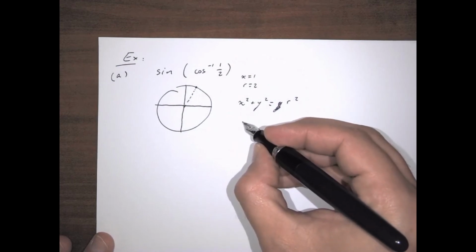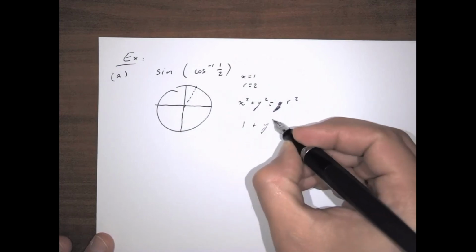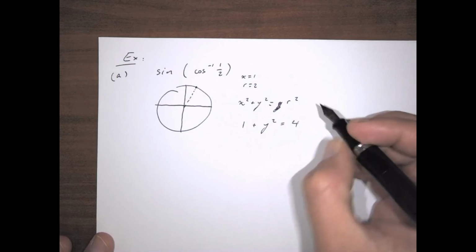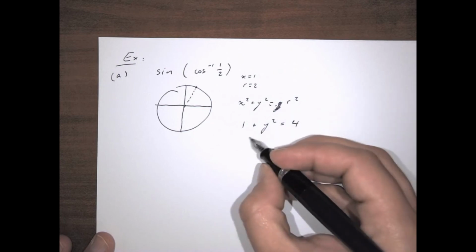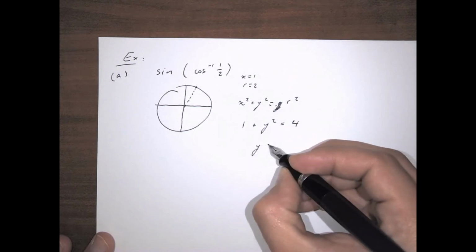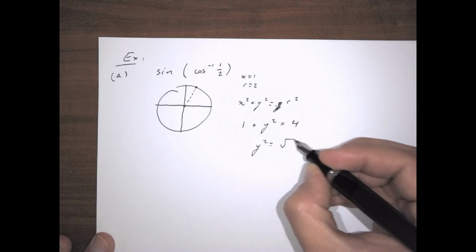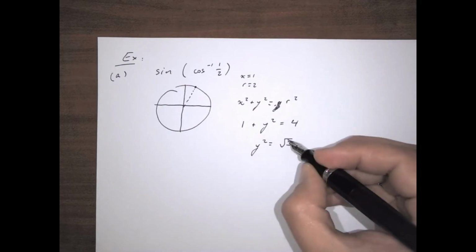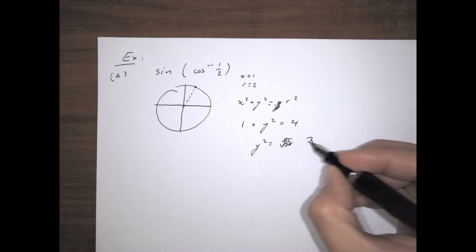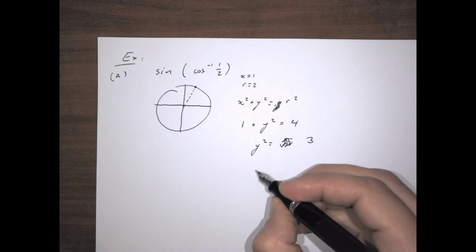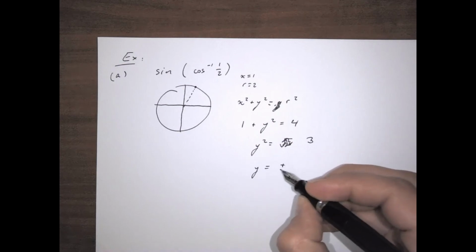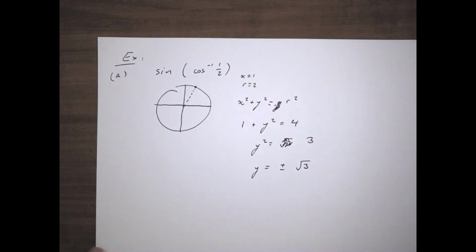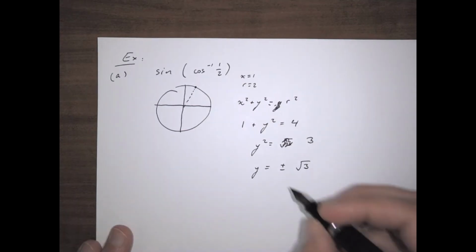And so that'll be 1 squared plus mystery y squared is equal to 4. Sorry, I meant y squared equals 3. And then when I take the square root of both sides, plus or minus square root of 3. And I just have to decide, do I want the positive or the negative, and I can see here that I want the positive.